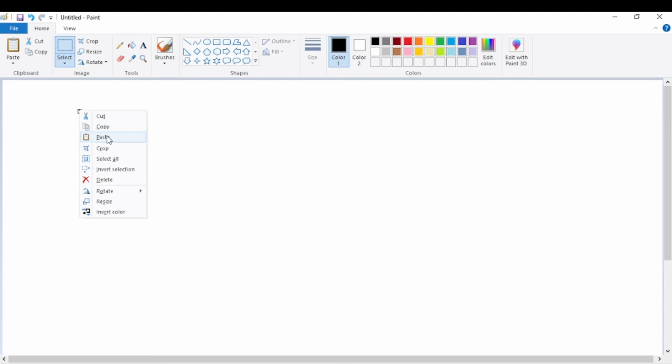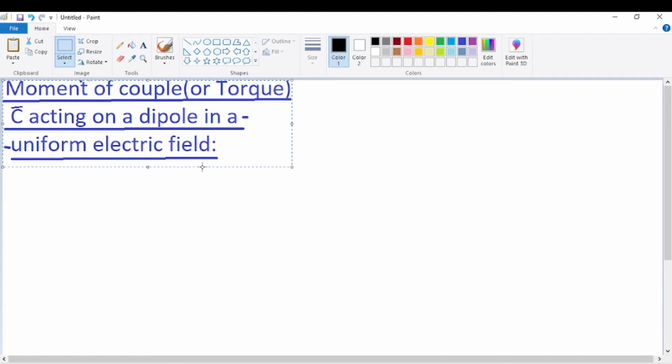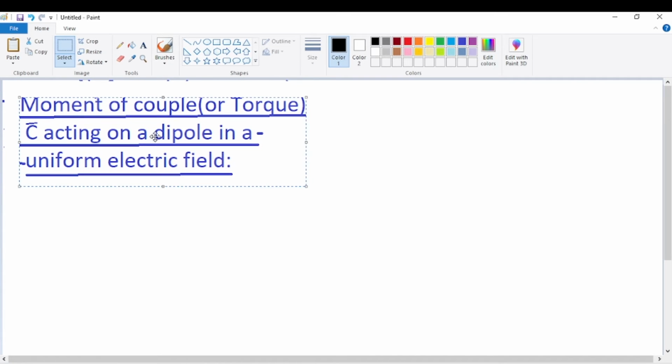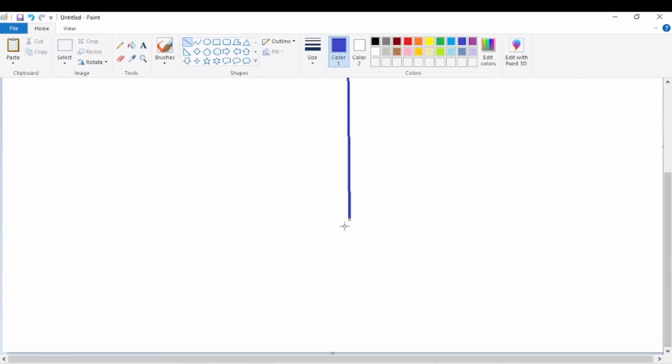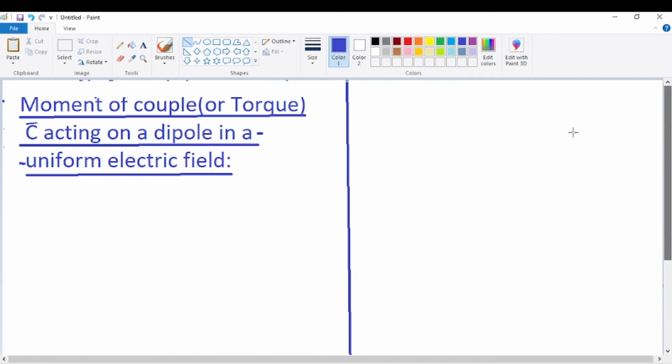So this is the next page, the moment of couple. I'm dividing the page into two halves, left half and right half. Okay, coming to the side heading.